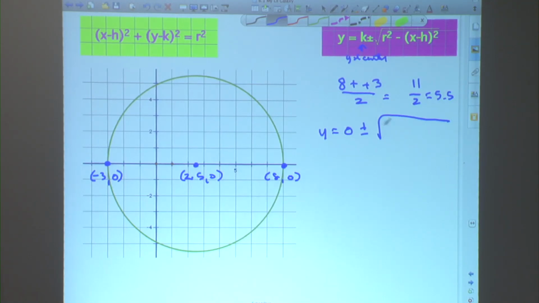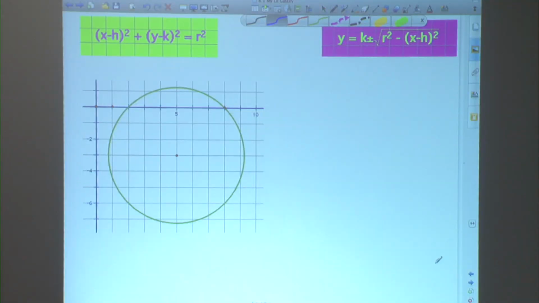Okay, we already solved for our radius, 5.5 squared, minus x minus 2.5. And then our h is the x value of our center, which is 2.5. All right, questions about this one?